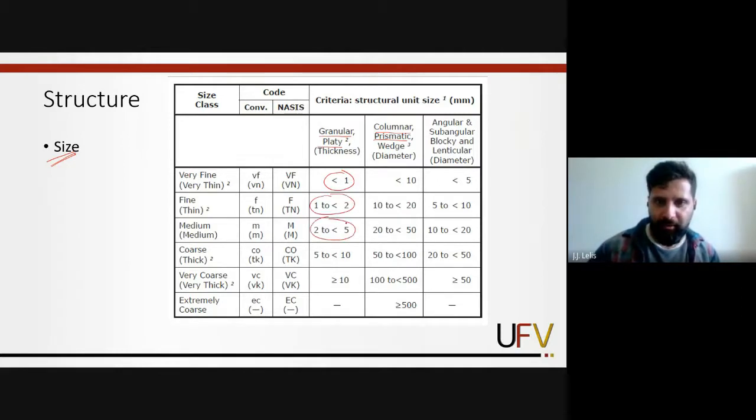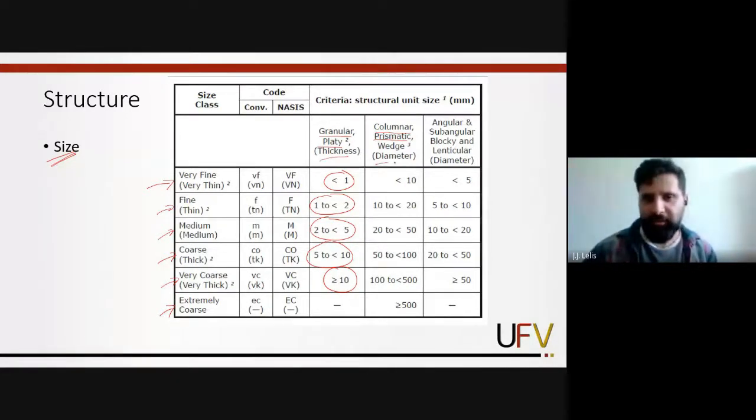According to these criteria, we will classify the structure between very fine or thin, medium, coarse, very coarse, or extremely coarse. So we just need to measure the thickness or the diameter of the structural unit, so the pad size, and according to the pad size, we should classify this.